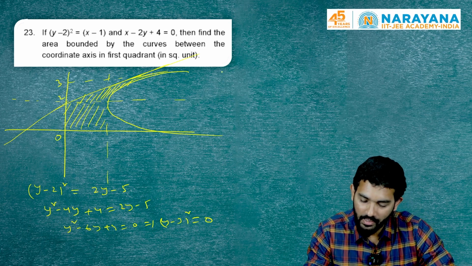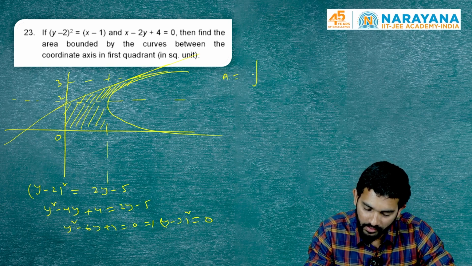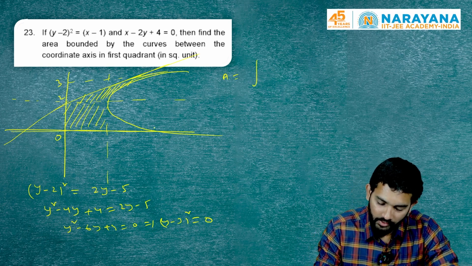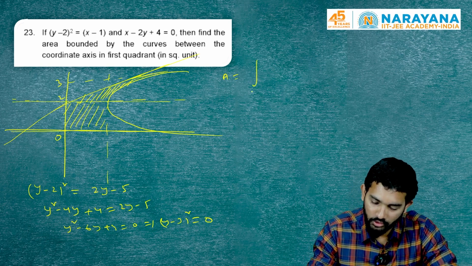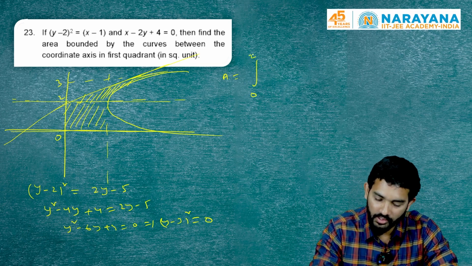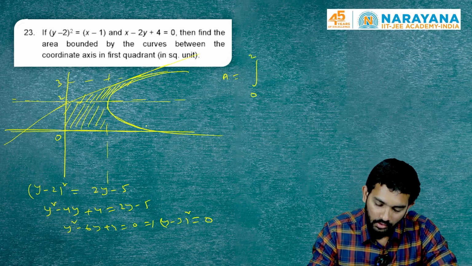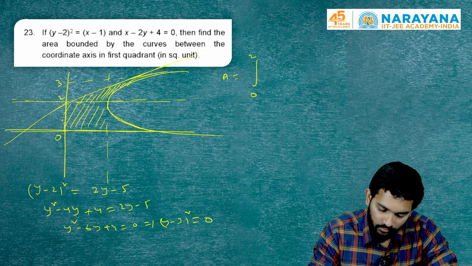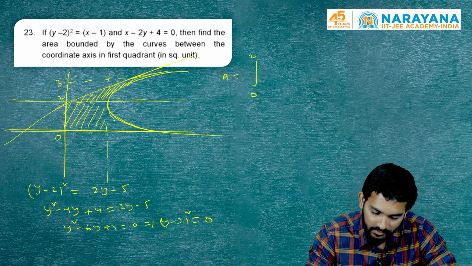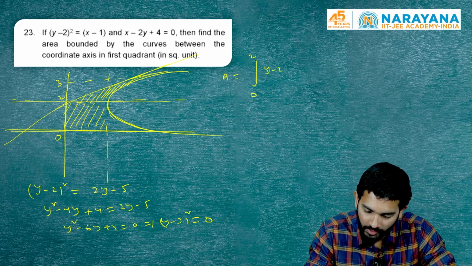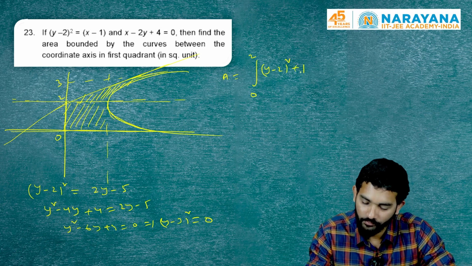So I'll write this required area as an integral. Between these two things, y from 0 to 2, right curve minus left curve. This is the right curve, x = (y − 2)² + 1, and this is the left curve, x = 0.